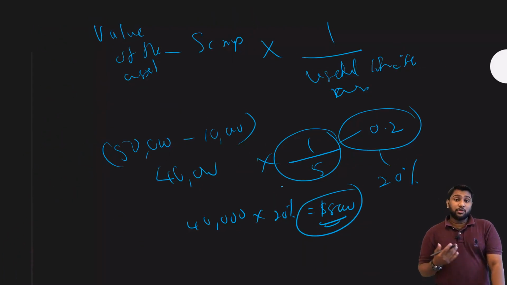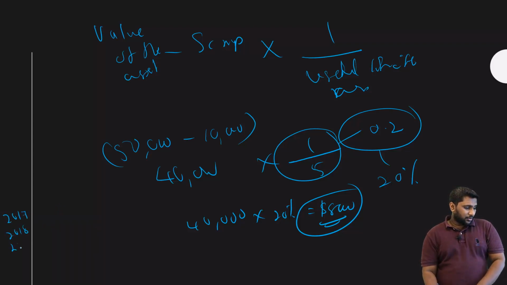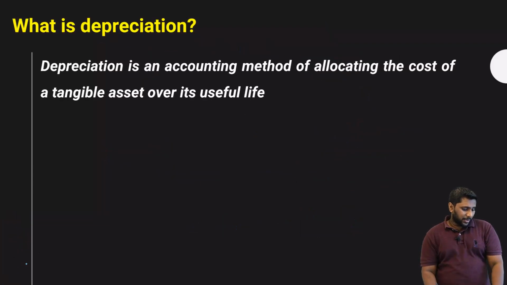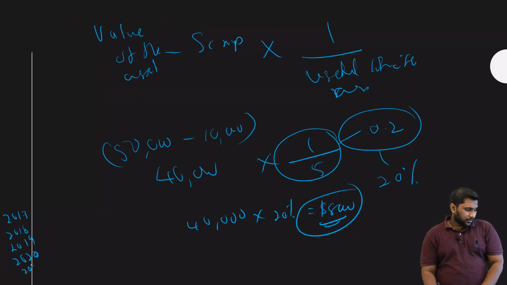As I explained previously, 8,000, here also 8,000. In that way also you can calculate the depreciation of a particular year. So if I am preparing the schedule for this particular example, as for the previous question, for the year 2017, 2018, 2019, 2020 and 2021. So the value is how much? It is 50,000. Here also 50,000.